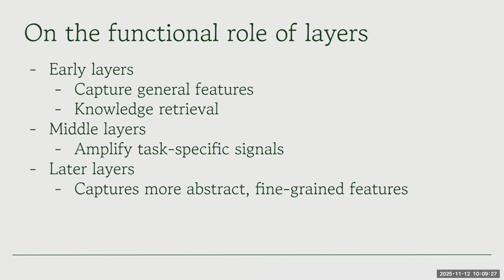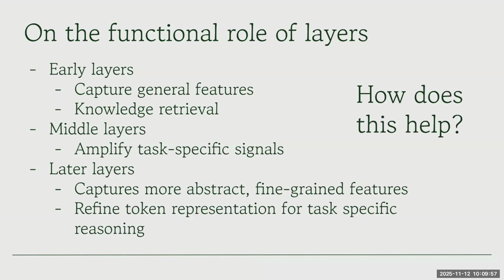A very conceptual way I'm thinking about it, though this is not exactly what it is: early layers are just like a dictionary, picking up facts related to the entities or the task specifically. Middle layers are refining the representation of the tokens relative to this task, and later layers continue the refinement, but now with the goal of figuring out what's the next token that should come.